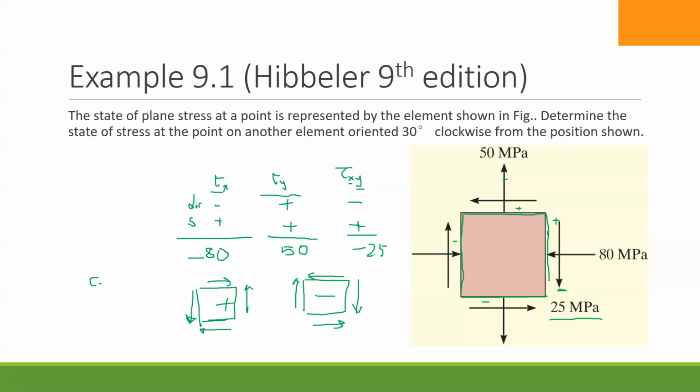Also, I say compression is negative for normal stress and tension is positive for normal stress. These are for shear stress, sign and direction, magnitude also.